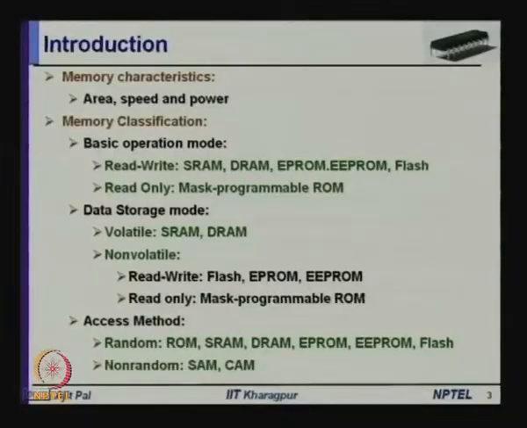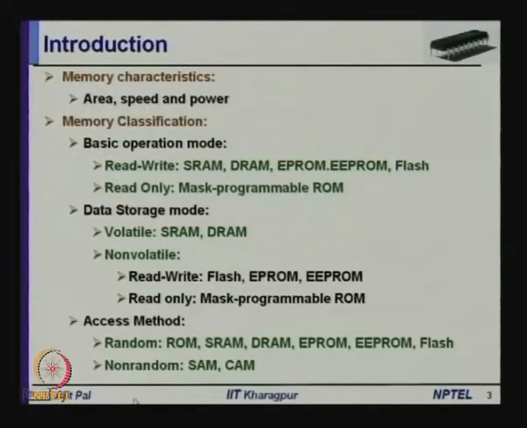On the other hand, you have got non-random access, for example, serial access memory or content addressable memory. SAM stands for serial access memory and CAM stands for content addressable memory. In these cases, the access is not random. For example, whenever you read data from floppy disk or tape, it is inherently serial in nature.